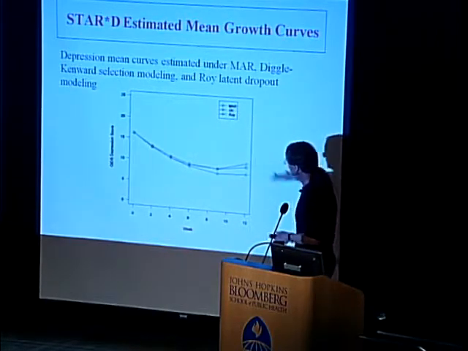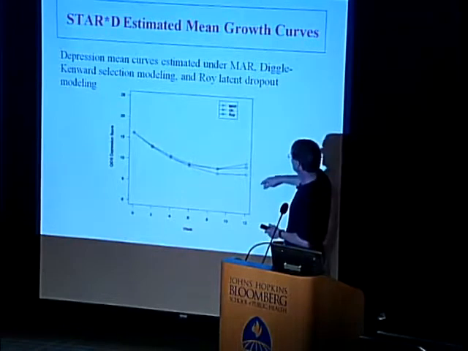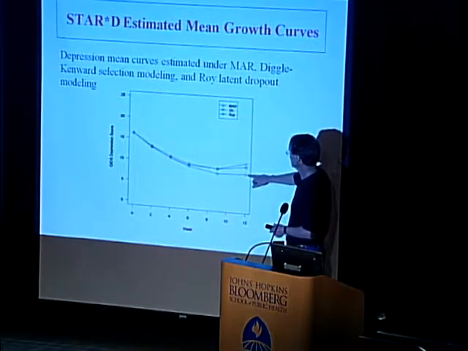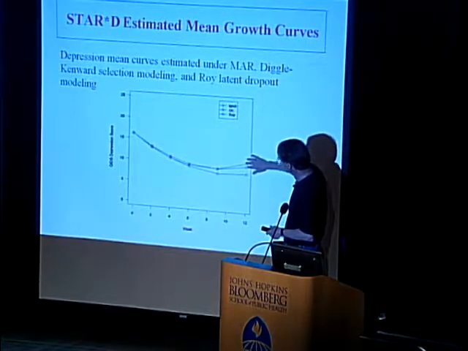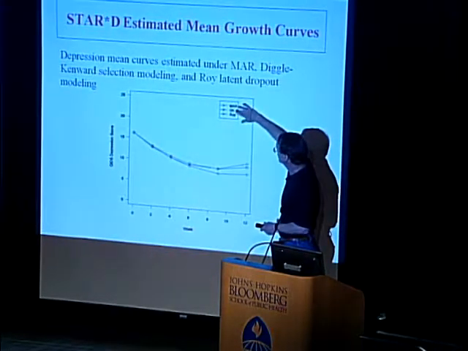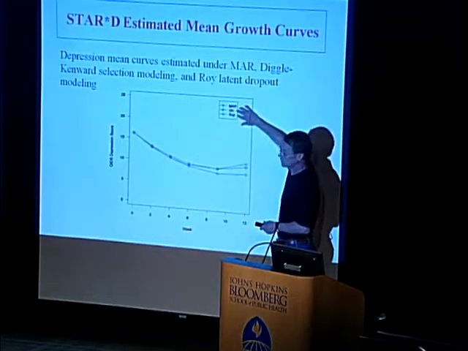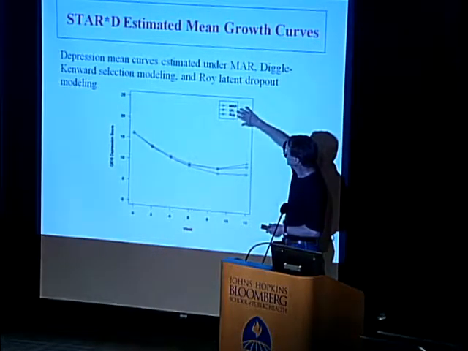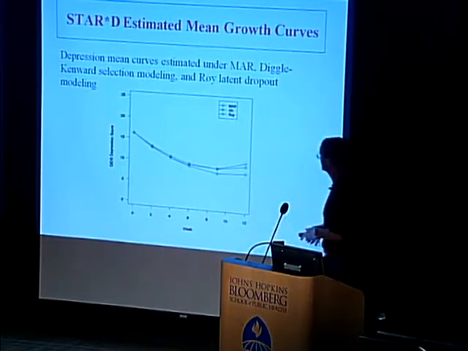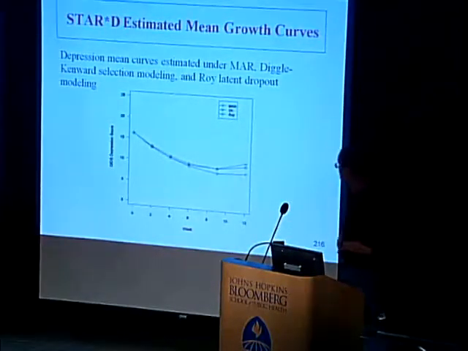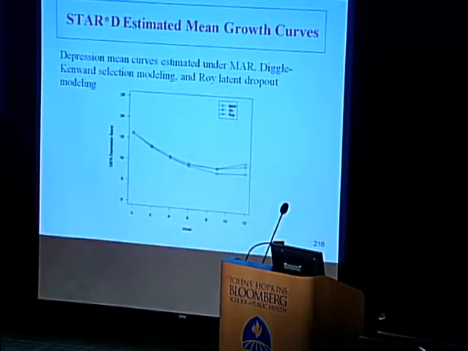So you draw a picture like this. MAR is the lowest here. And Roy and DK, these are the 2. This is Diggle-Kenward selection modeling. This is Roy's latent class version of pattern mixture modeling. And they tend to lie a little bit higher. Why is MAR the lowest curve at the end?